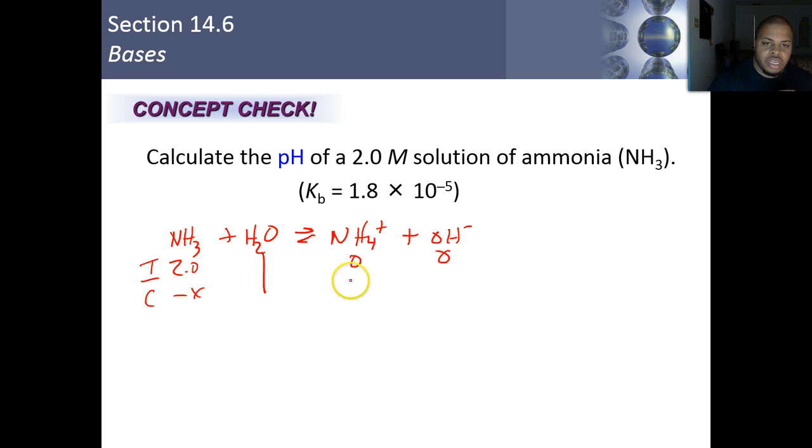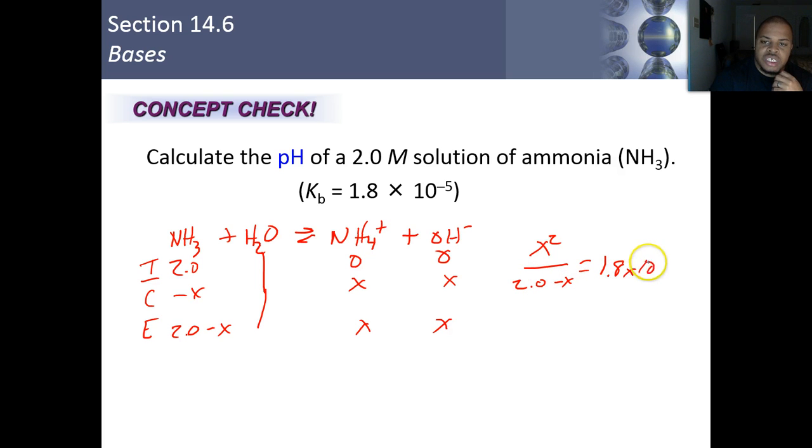From this side to that, X, X. So that means 2.0 minus X, X, X. Plugging it in, we're going to solve and get X squared over 2.0 minus X equals 1.8 times 10 to the negative fifth. We know that the X in the denominator basically cancels out because it's a weak base. So again, weak is not going to cause too much of an issue.